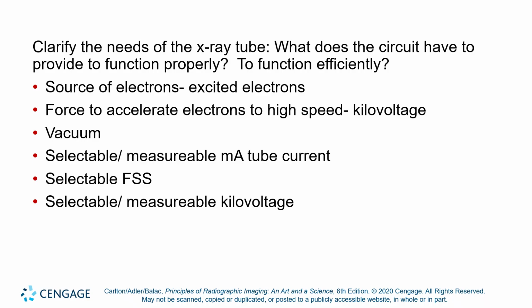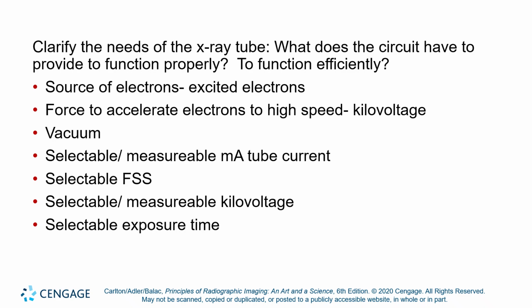Okay, so we need a voltmeter somewhere on this circuit. We need an mA meter, a milliamperage meter to measure tube current, and we need a voltmeter to report kilovolts. And so we have some idea of how much electricity is being used per each exposure.